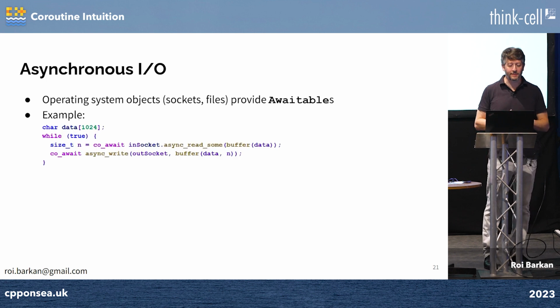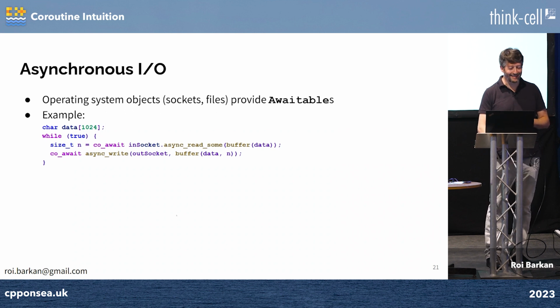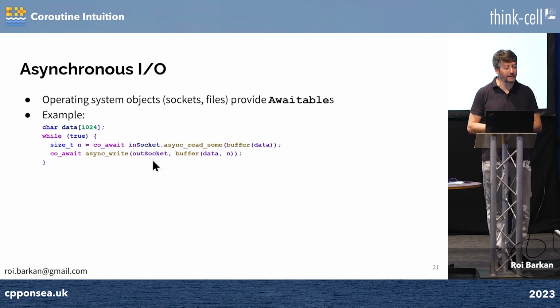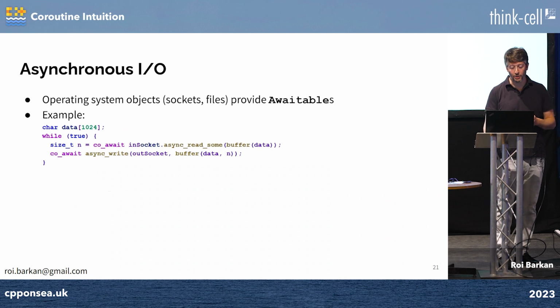So again, a classic example from the ASIO library. I can co-await a read-some function of this return object that knows about the operating system, and I know that I get suspended and I only get resumed once this operation is complete, and the return value here is sort of like the result of that operation once it's done.